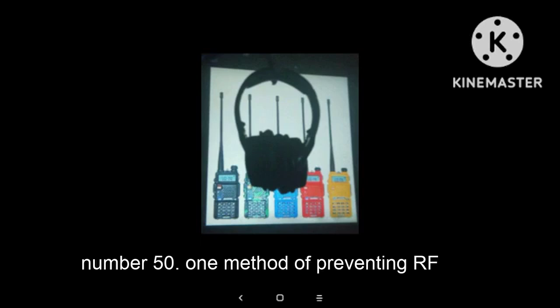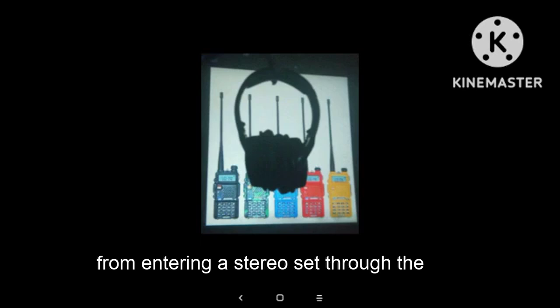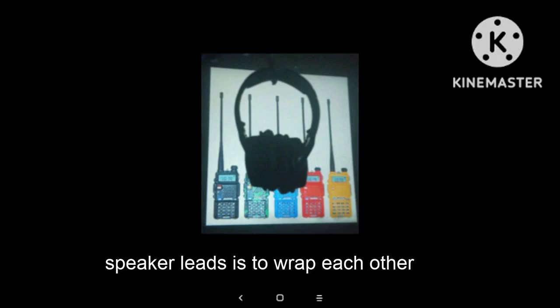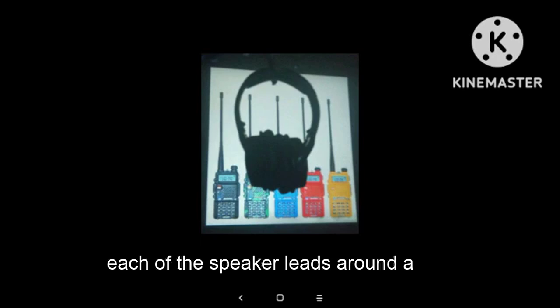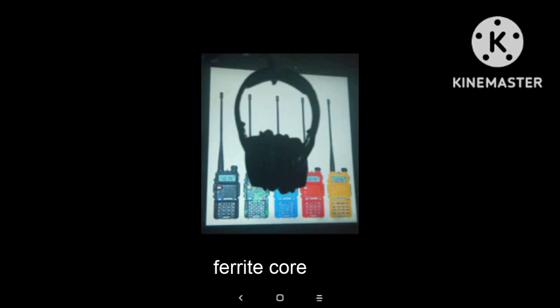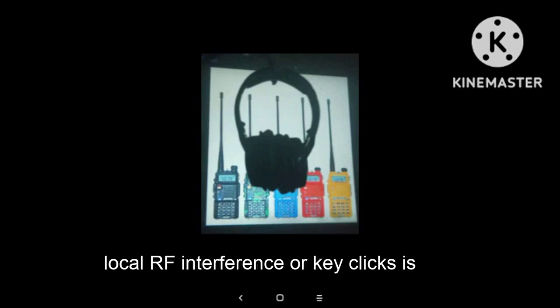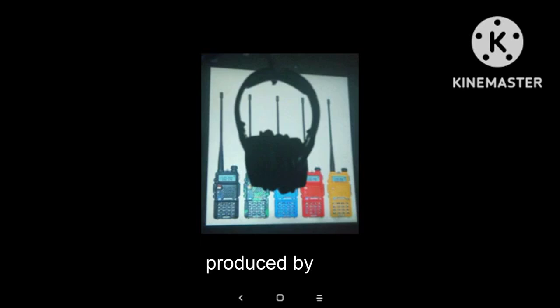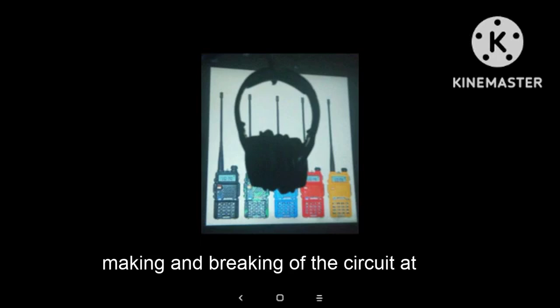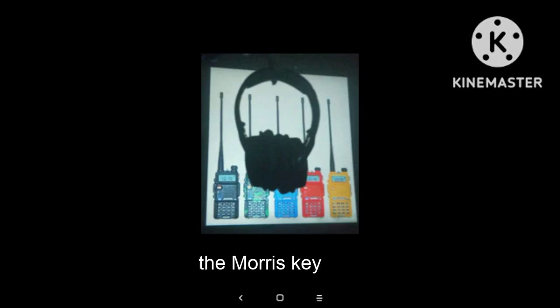One method of preventing RF from entering a stereo set through the speaker leads is to wrap each of the speaker leads around a ferrite core. Number 51. In Morse code transmission, local RF interference or key clicks is produced by making and breaking of the circuit at the Morse key.